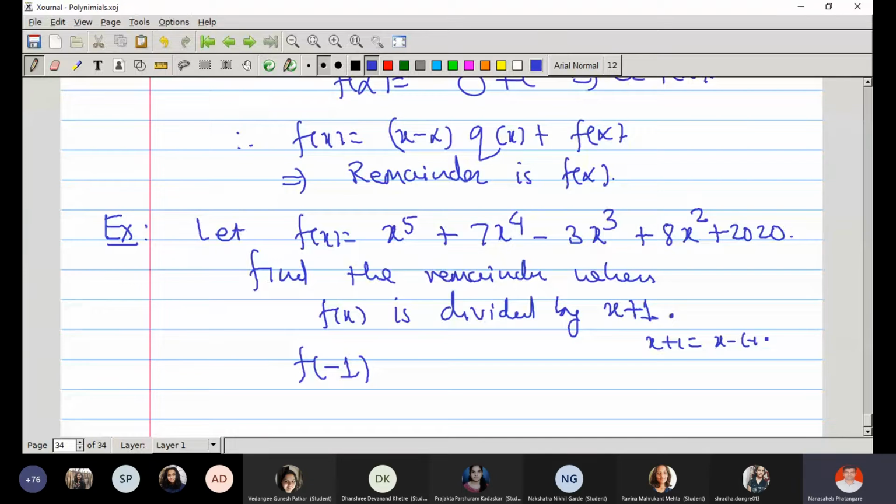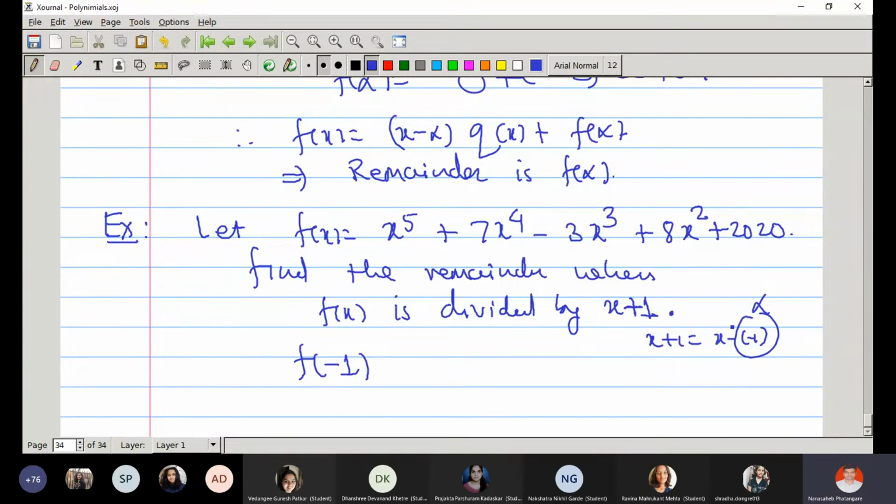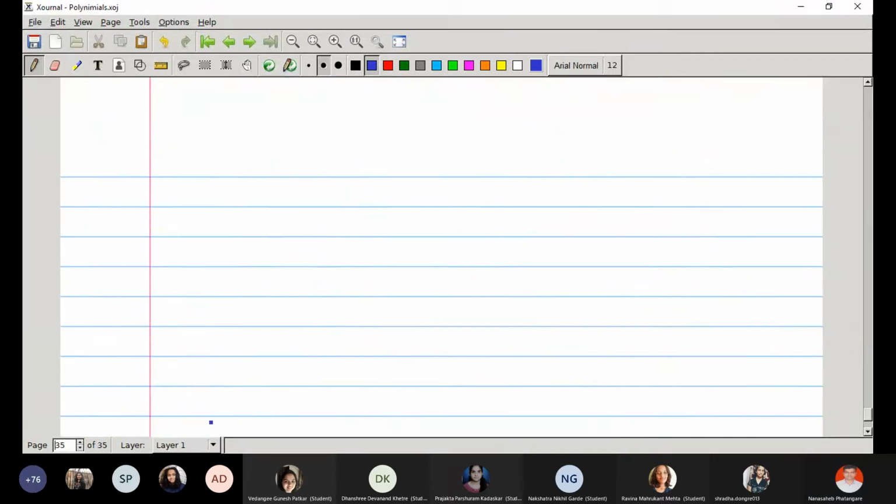And what is alpha in this case? Alpha is minus 1. f(minus 1) is minus 5 plus 7 plus 3 plus 8 plus 20. Whatever this number is, it is the remainder. The theorem which we have proved is in general true.